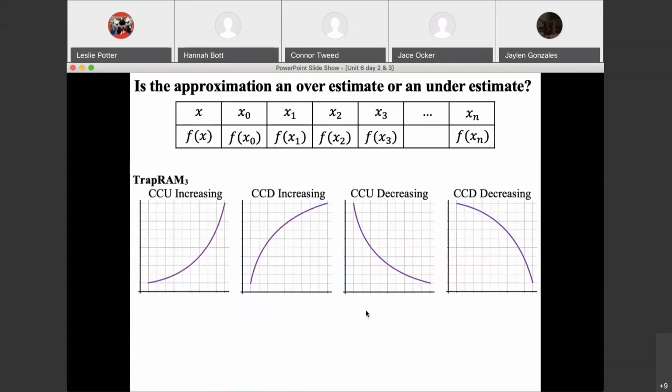So that being said, here's our TRAP RAM. I like TRAP RAMs. I call it connect the dots. I think it's the easiest to draw. You do need all the points. So there are all my points in my first approximation, and then you just connect them. You just go from dot to dot and then draw straight down. Dot to dot, draw straight down.